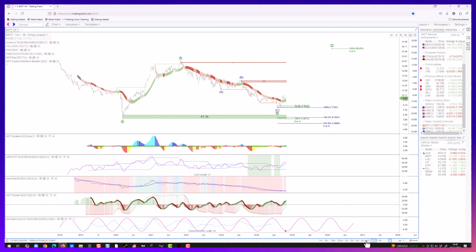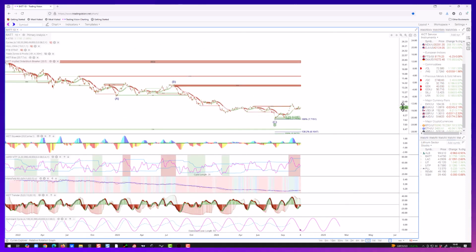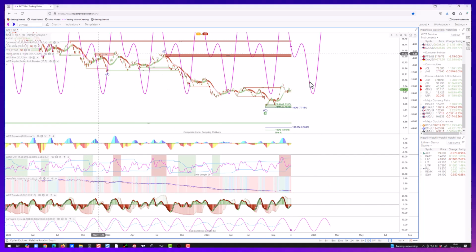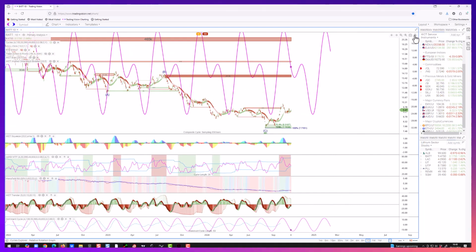Bear in mind, these are dynamic. They'll move around a bit as we go along. But what I would look for here is a bit more of a pullback. I think we're going to get an ABC back. And if that holds and we get another set of buy signals on the daily time frame, then that's when to look for the entry.